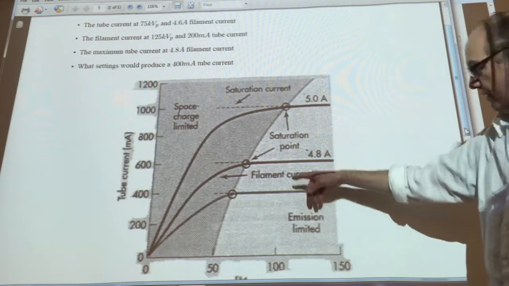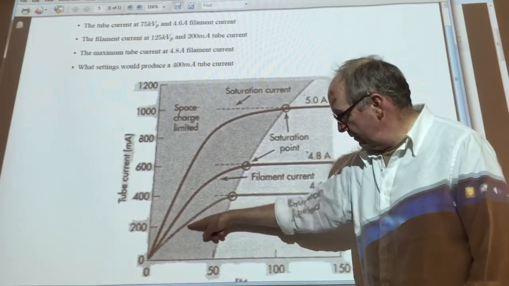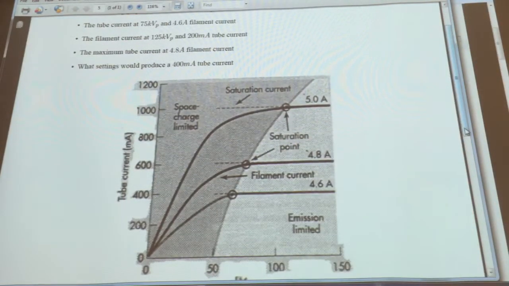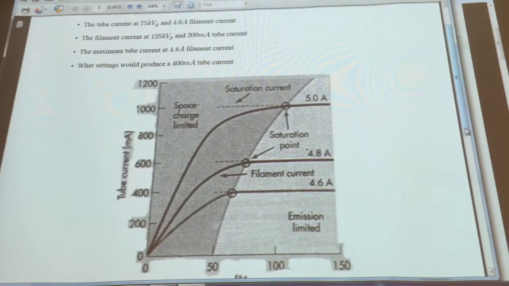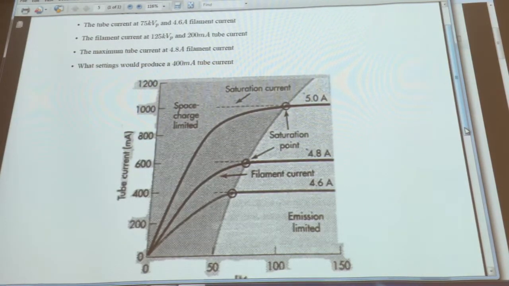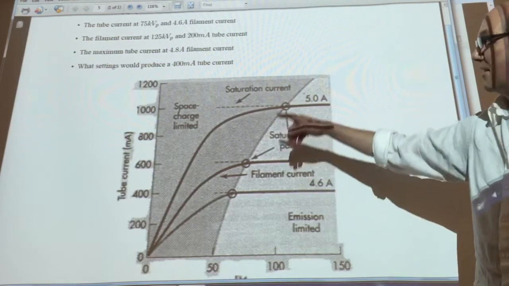For 200 milliamps, I'm already down at 25 kVp. I don't know what I had in mind with that question. To see if they understand, they will tell you we can't get it. Yeah, can't be done. It's a trick question.